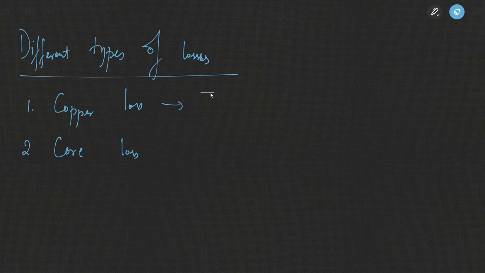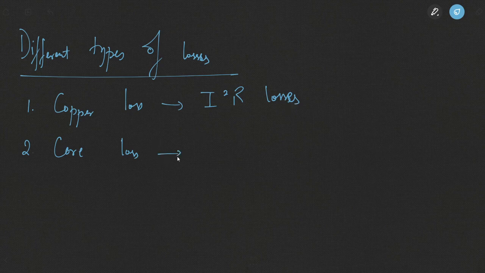Copper losses are simply I square R losses. If your electrical circuit has a resistance and current is flowing through it, the power dissipated in the form of heat through this material will be equal to I square R, and these are referred to as copper losses.